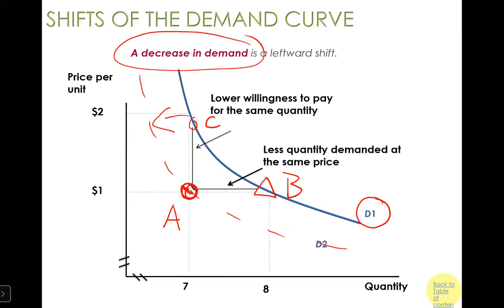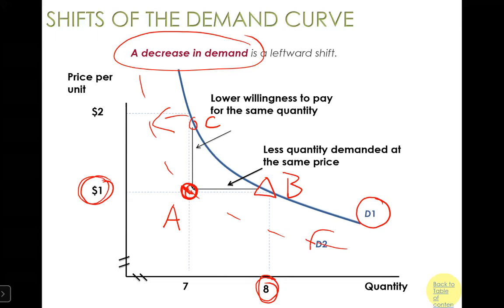When we are in D1, when the price is $1, your demand is going to be 8.